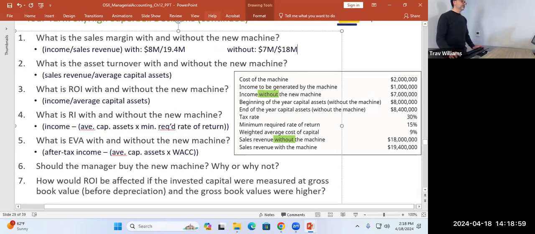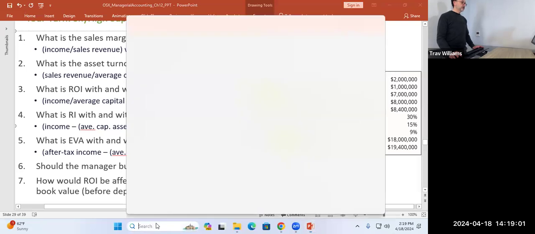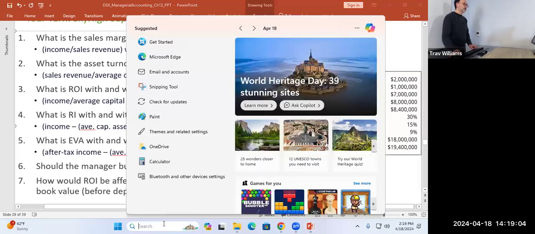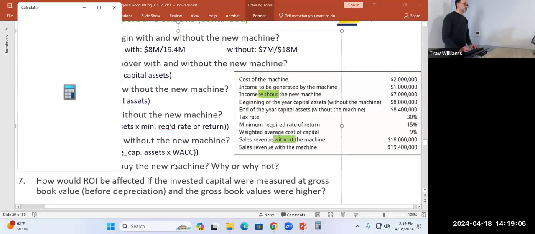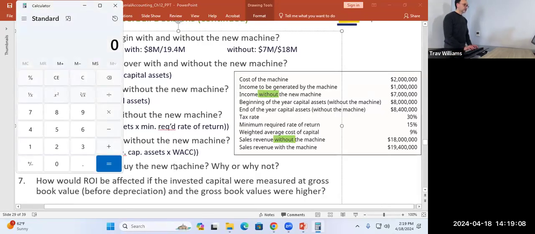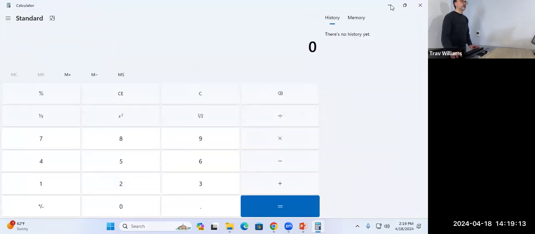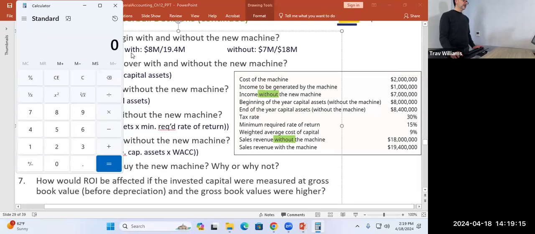And then we just divide. So 8 million divided by 19.4. You probably know this already, but I don't have to type out 8 million divided by 19.4 million. We could just do 8 divided by 19.4 and it would give us the same answer, right? So with the machine, I got 41%.